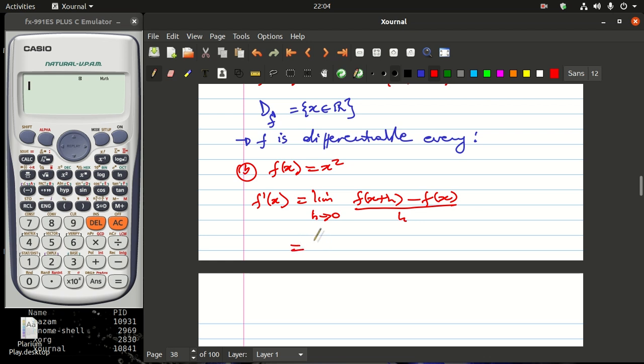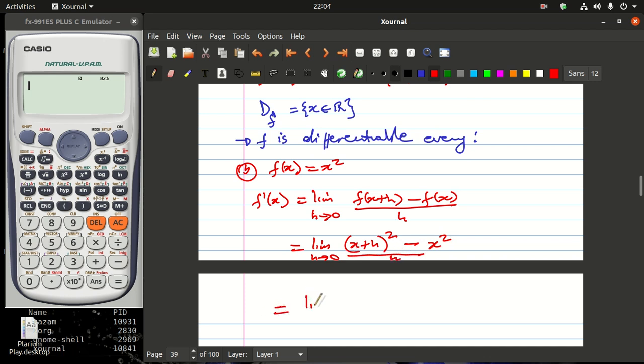The limit still needs to be there, because if it's not there, you start to lose your marks. So I'm going to plug in x plus h in the value of x in this function here. So I will end up having x plus h, and then I square it up, and then I take that function as it is. So I will have x squared all over h.